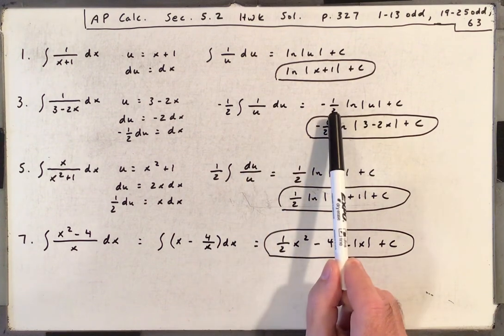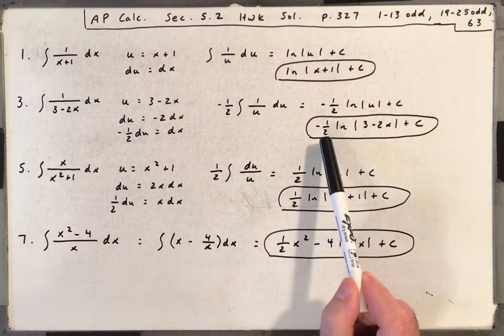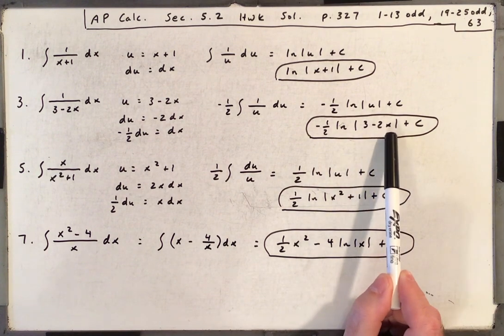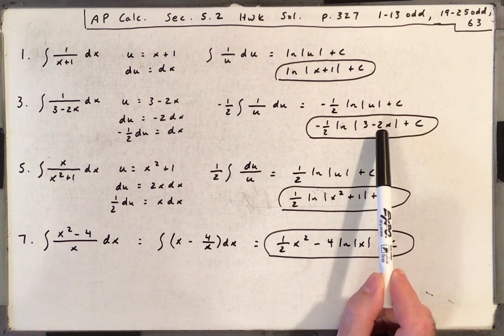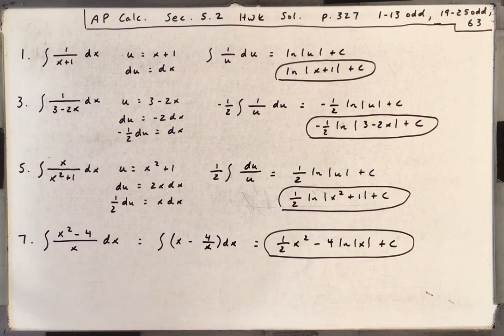So that's going to be negative 1/2 times the natural log of the absolute value of u plus c. Plugging u back in, negative 1/2 natural log of 3 minus 2x plus c. If you take the derivative of that, you're going to end up with 1 over 3 minus 2x times negative 2. That'd cancel out the negative 1/2, and you'd be right back here.